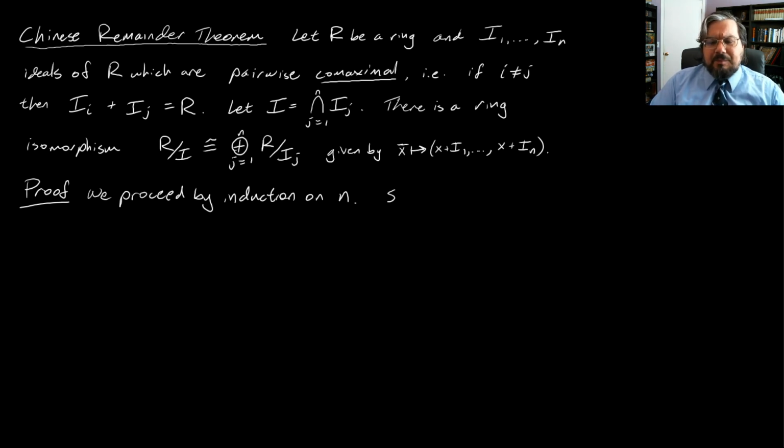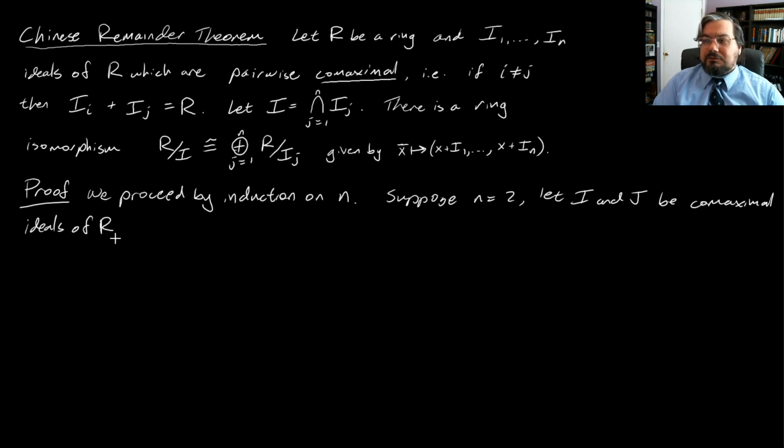So let's suppose that n is equal to 2, and rather than dealing with indices here, I'm just going to let I and J be co-maximal ideals of R, and then we're going to try to build this isomorphism in the n equals 2 case.